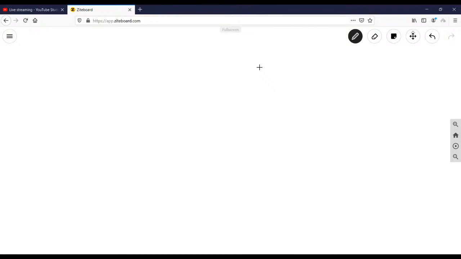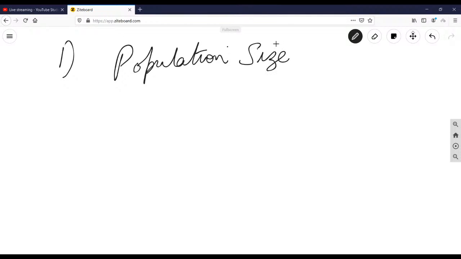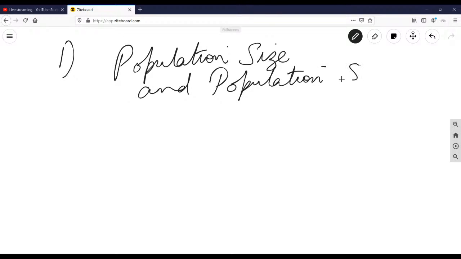Now there are various characteristics of a population. Number one is population size, and population density. Each one we'll be describing in detail.